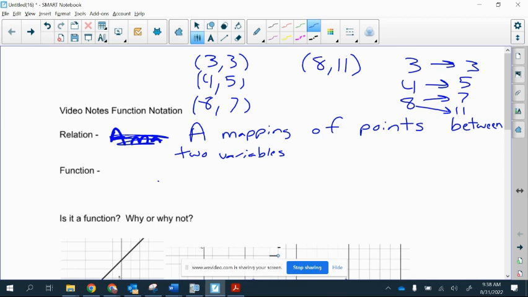Relations don't necessarily have to have the same number of input values or outcomes. They're just a way that a set of numbers is mapped. Now, a function is specifically a relation where every input has a specific outcome.